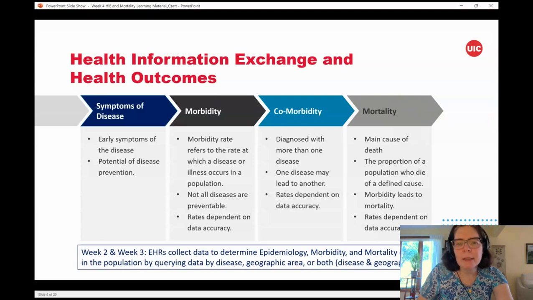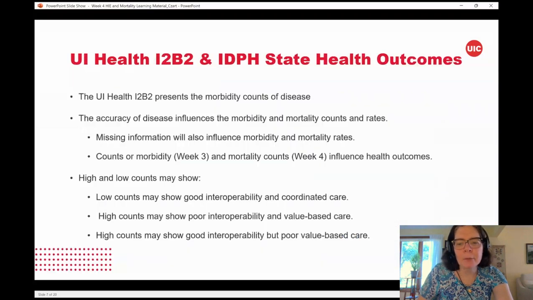This is where understanding the prevalence and incidence and specificity and sensitivity become important. It is important for those rates to be accurately reported as much as possible based on the information collected in the EHRs. Now, everything could be reported based on disease, geographic area, or both. Therefore, it's important to understand the different ways that health outcomes could potentially be reported.